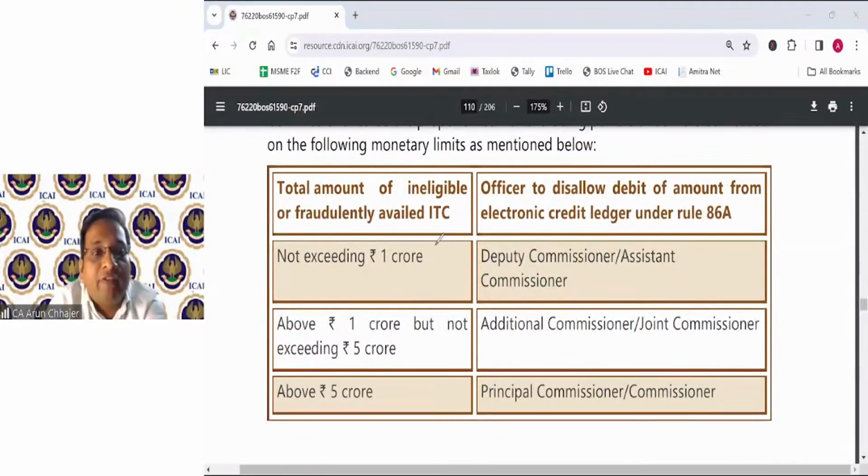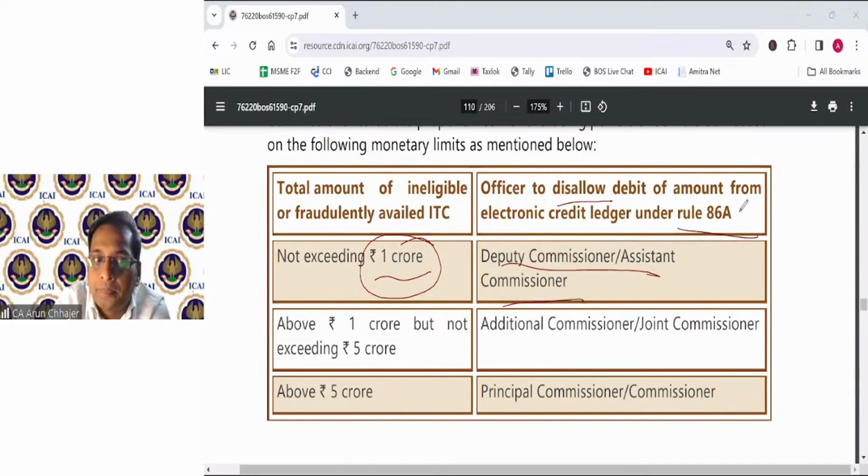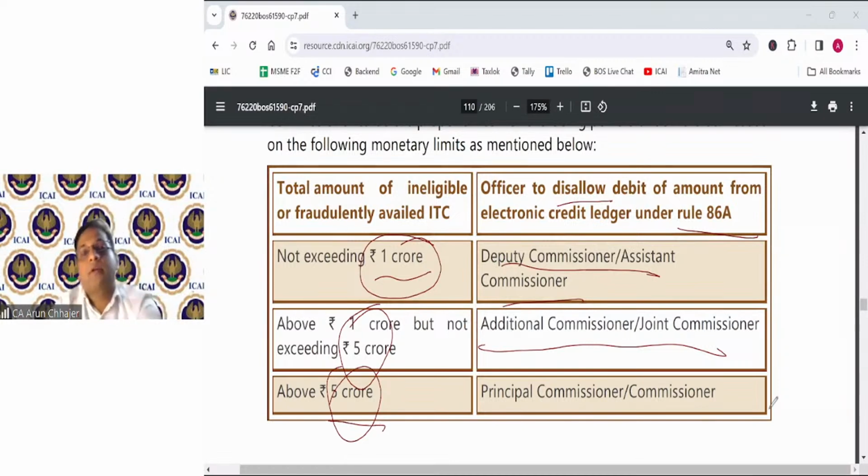They are saying if the amount of ineligible ITC is not exceeding 1 crore, then the deputy commissioner or assistant commissioner has the power to disallow the debit in the ECL as per rule 86A. 1 to 5 crore, then the additional commissioner or joint commissioner. 5 crore and more than 5 crore, principal commissioner or commissioner. Check.